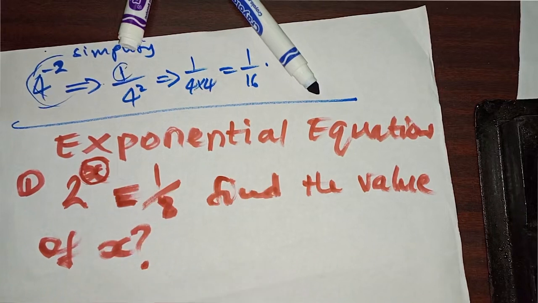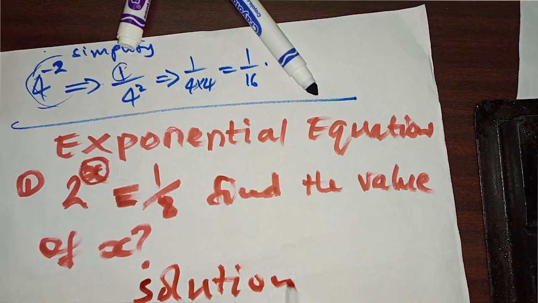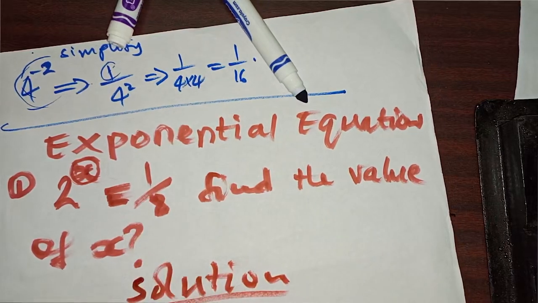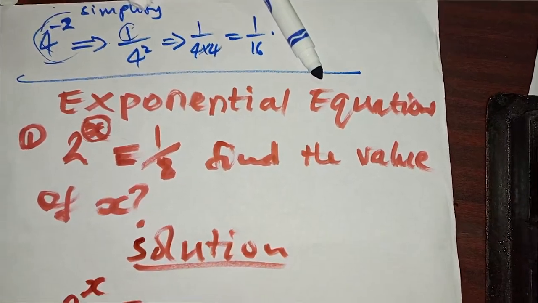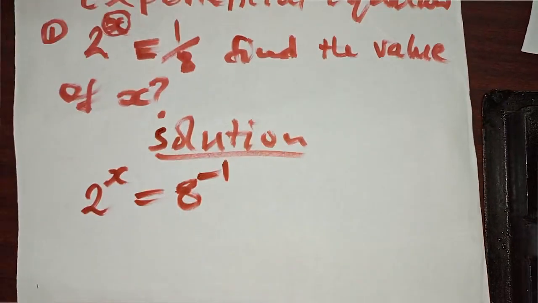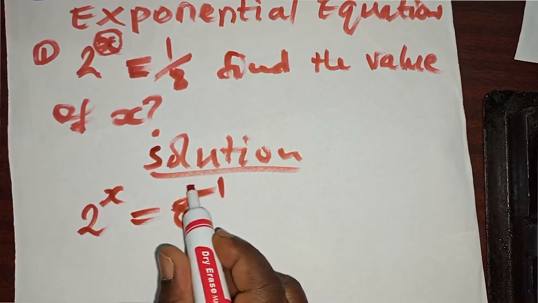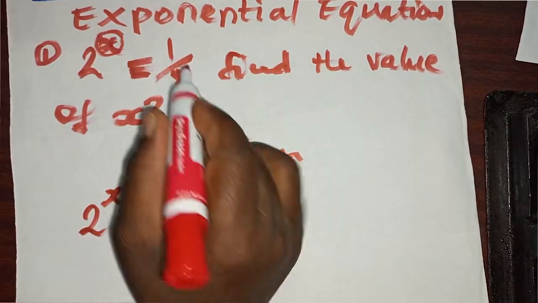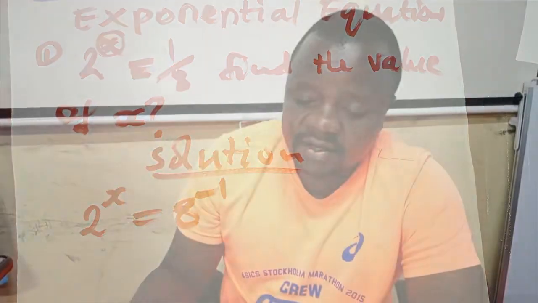So now what we do is we still apply the laws of indices, and we see that 1/8 can be written as 8 to the power -1. So 2 to the power x equals 8 to the power -1. This reminds us that if we remove the negative by taking the reciprocal, it becomes 1/8 to the power 1, but the 1 we can just neglect.